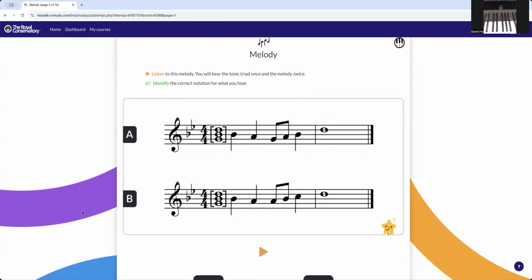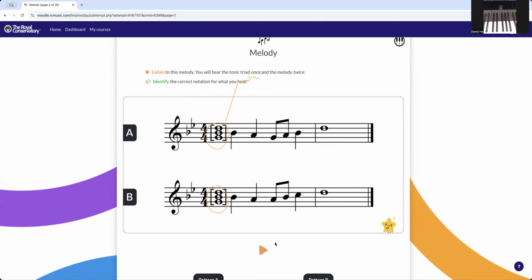Listen to this melody and you will hear the tonic triads, which are those ones, once or twice. And then the melody twice, and choose A or B. Which one can you hear? Let's listen to it quickly.